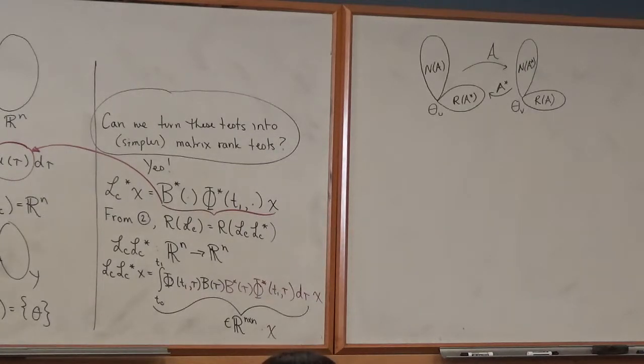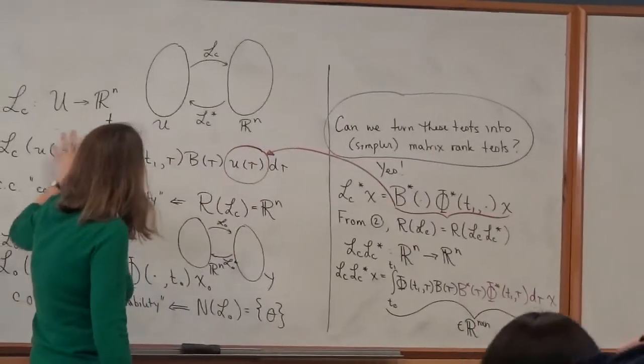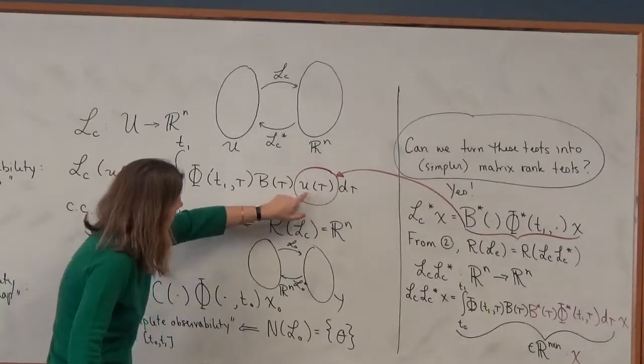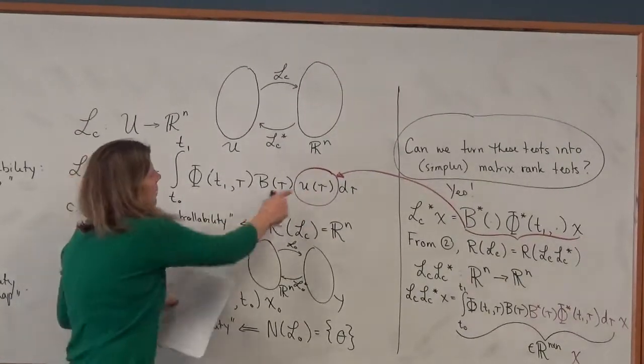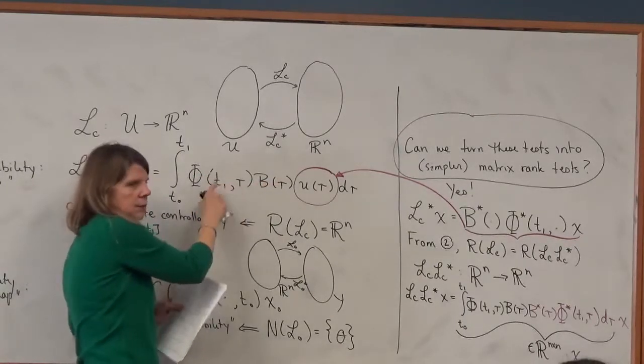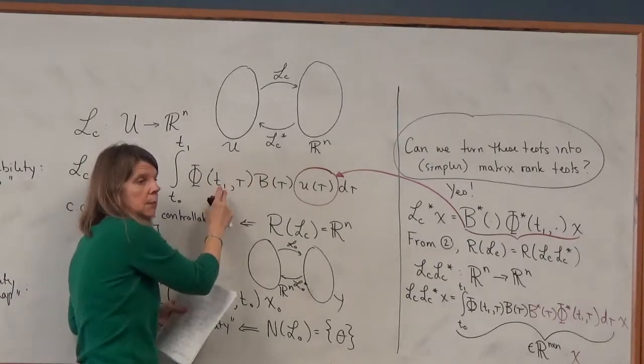I think the intuition is all in this statement here. The intuition is that we have an input, and how the input interacts with the dynamics of the system is really just captured in this map here.